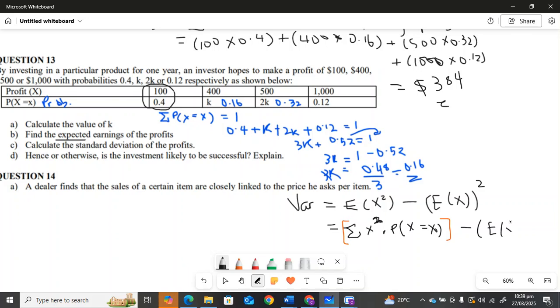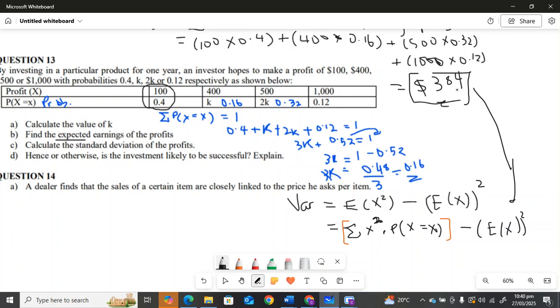Then this E of x squared, remember, where's the profit? This profit here. It's x. So when you say E of x squared, it means we're going to square this profit.